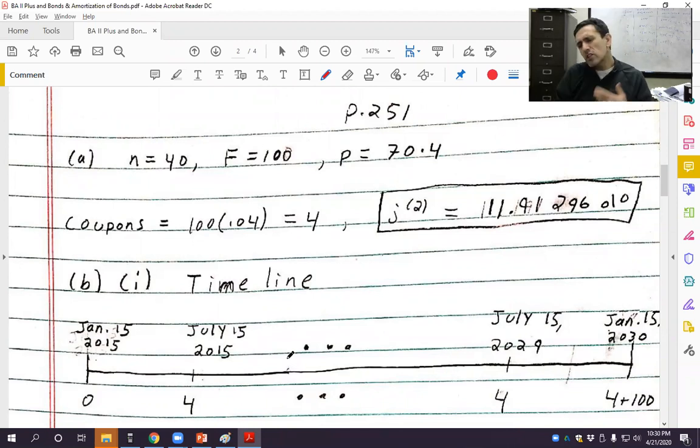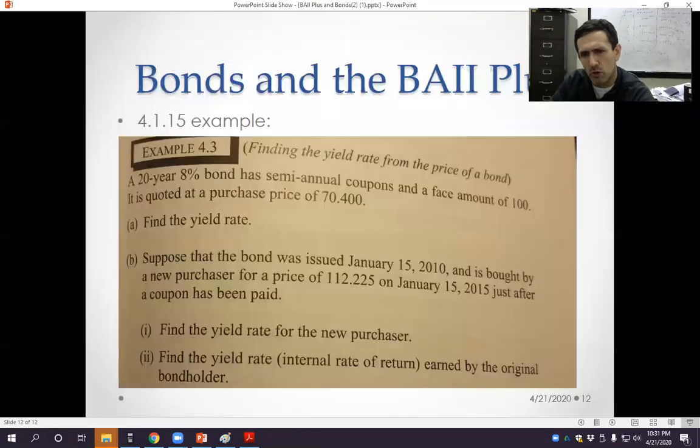Okay, so actually this timeline is going to resemble a plain vanilla bond with face value at redemption. We'll get to that in a little bit. So my apologies, we're doing this one where we're finding the yield rate for the new purchaser.